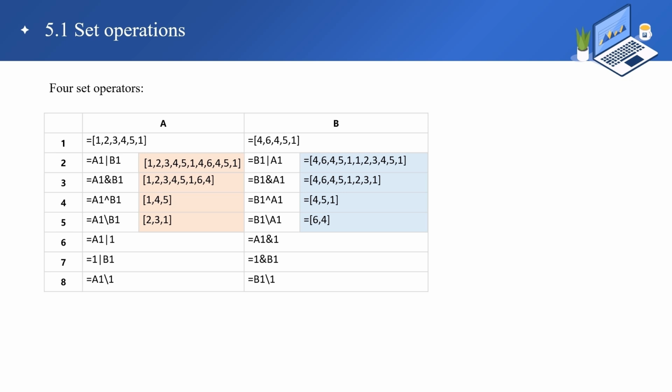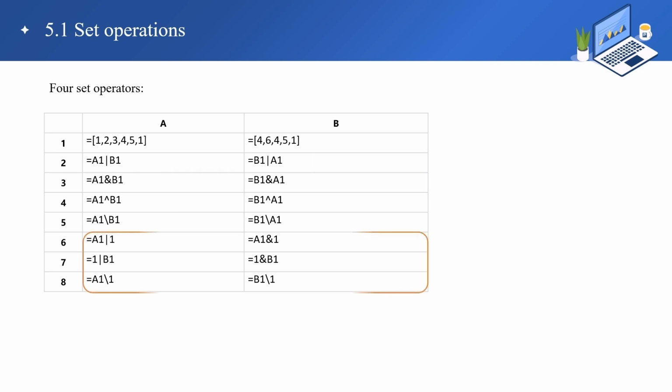When performing intersection, union, and difference operations, it will be more complex than the set without duplicate members. Please carefully observe the above operation results to understand the operation rules in this case. In addition, SPL also supports the operation between a sequence and a single value, which is equivalent to the operation with a one-member sequence. The single value can be placed to the left or right of the operator.